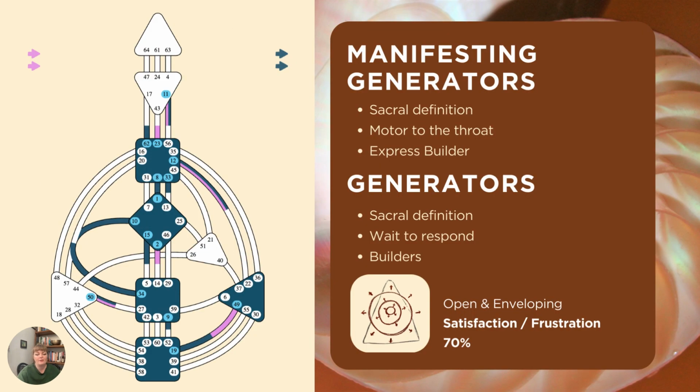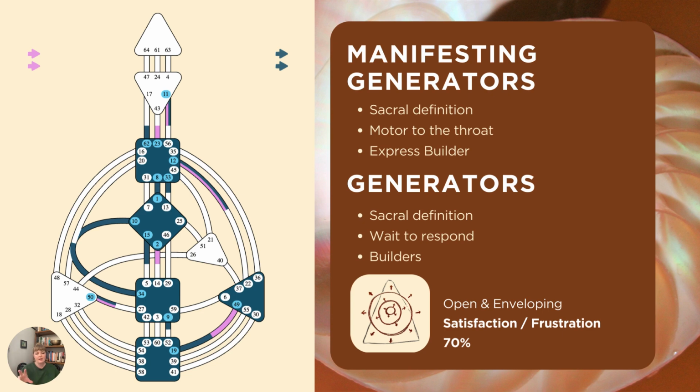So here I've touched on already a bit of this. The manifesting generators and the generators both have sacral definition. The sacral is that middle square second from the bottom. The difference with the manifesting generators is that they do have a motor to the throat.